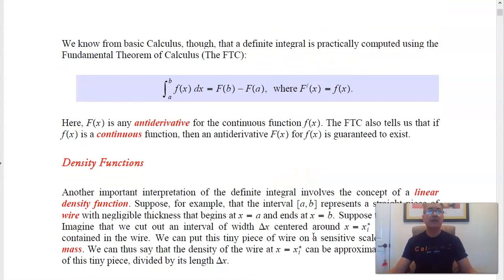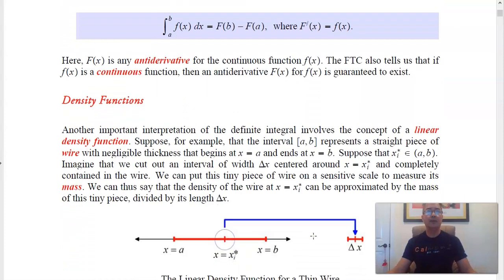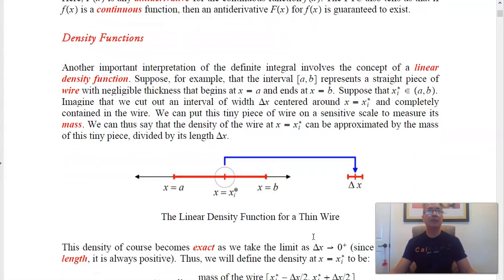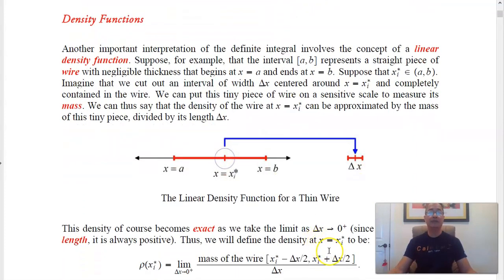But I want to go over with you another way by which we can interpret a definite integral, and that is using the concept of a density function. So I have this diagram over here. There's no function that we can see in this picture. We have a thin wire from x equals a to x equals b. What are we going to do?